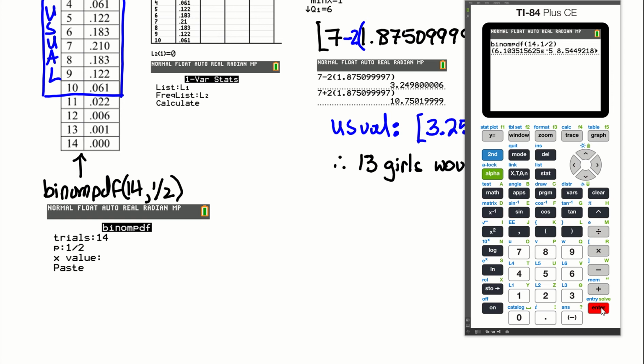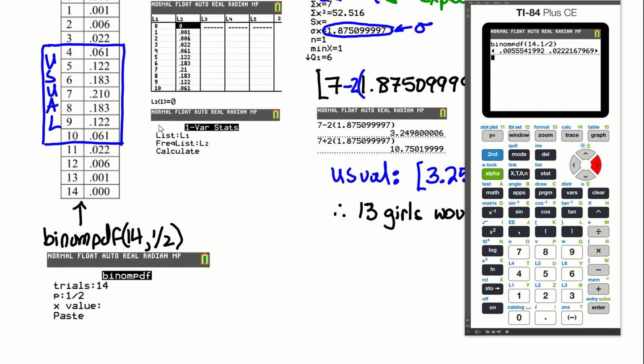Enter again, and it gives you the full-blown distribution, but it's giving it to us in scientific notation, which is pretty hideously ugly. But this is telling us what the distribution really should be based off of the natural occurrence of things.